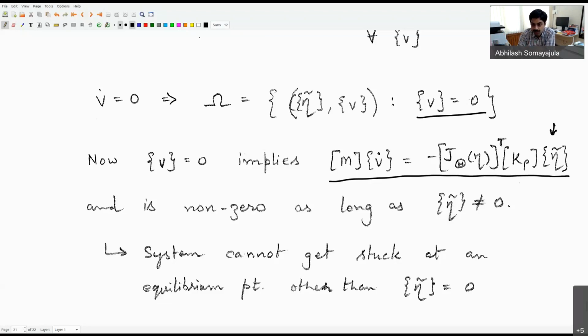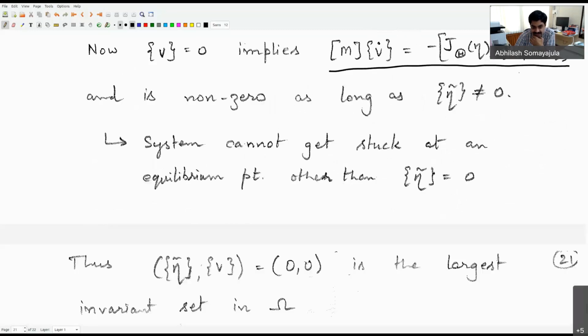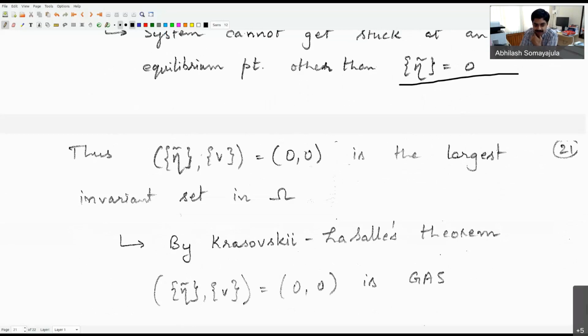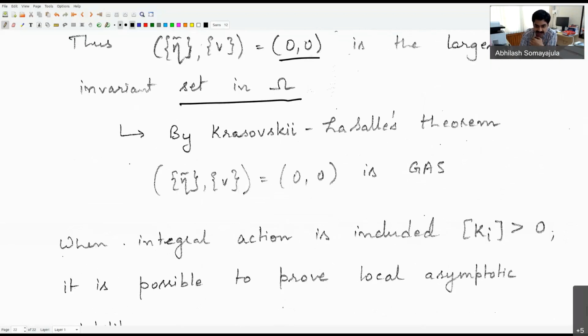So the system will be globally asymptotically stable, with that being the equilibrium point, where we are using Krasovskii-LaSalle's theorem, which we discussed in our nonlinear stability theory. So the system cannot get stuck at any other equilibrium point other than eta tilde equal to 0. Therefore, eta tilde and v equal to 0, 0 is the largest invariant set in the set of points where V dot goes to 0. So therefore, we have that this is now globally asymptotically stable.